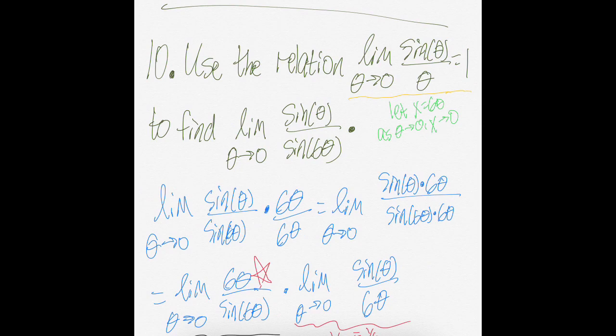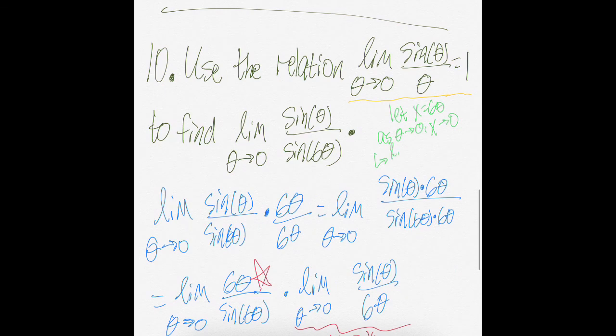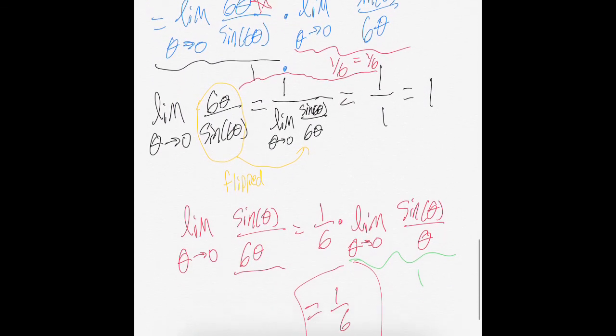So then this is just the limit as x goes to 0 of sine of x over x, the same identity with a different variable. That's why we are allowed to do that.